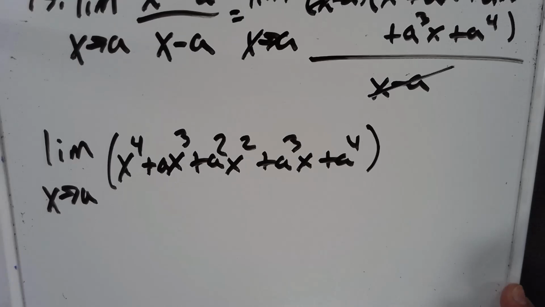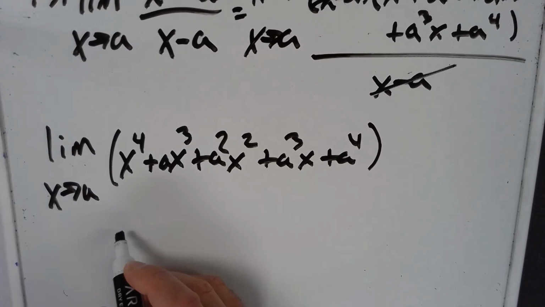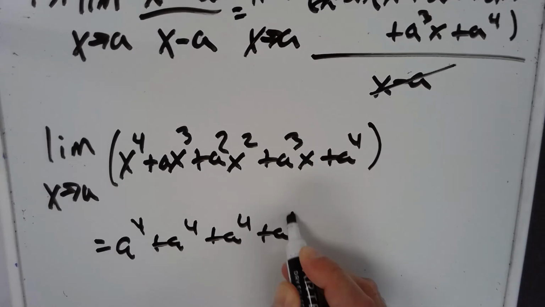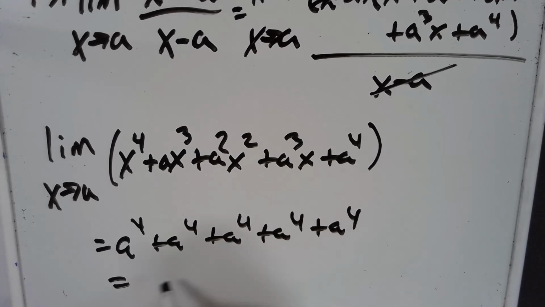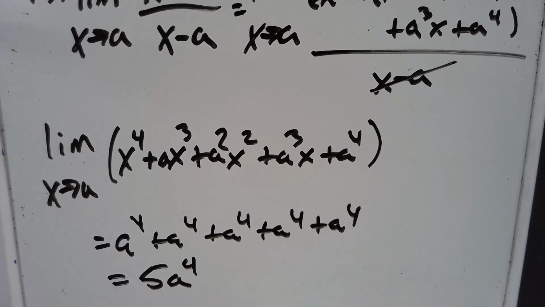Yeah, so now we are allowed to plug in a, since we're not going to get a zero denominator. And so then this is all going to be a to the 4th plus a to the 4th plus a to the 4th plus a to the 4th plus a to the 4th. And then 1, 2, 3, 4, 5, a to the 4th. Is that okay? Technically you should know binomial theorem, but whatever.